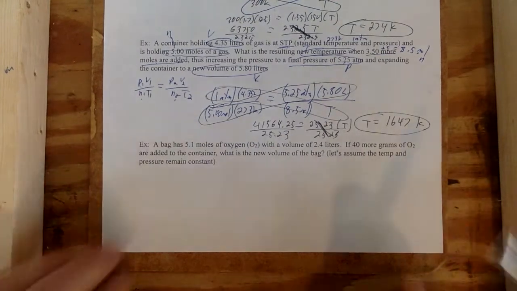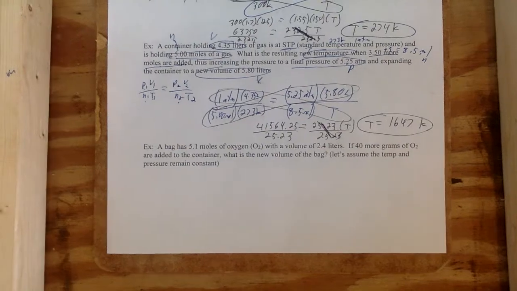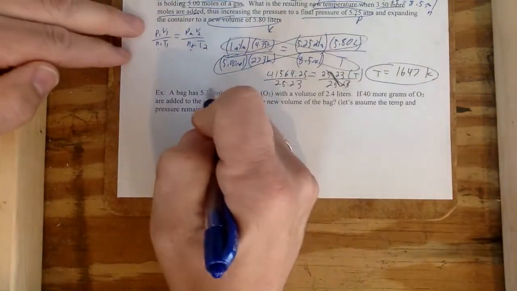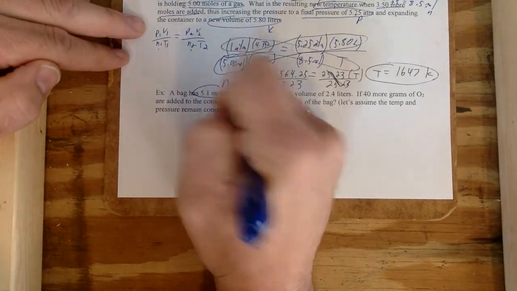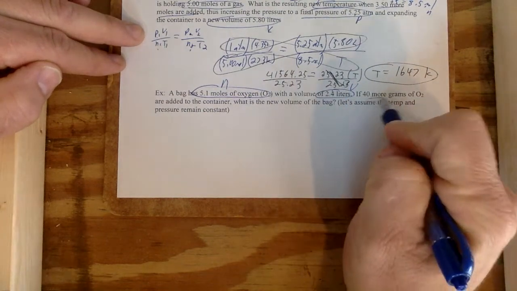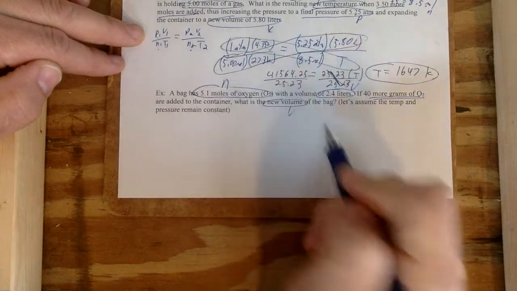This last problem says a bag has 5.1 moles of oxygen with a volume of 2.4 liters. So here is moles, that's N. Here's 2.4 liters, that's volume. If 40 more grams of oxygen are added, what is the new volume?